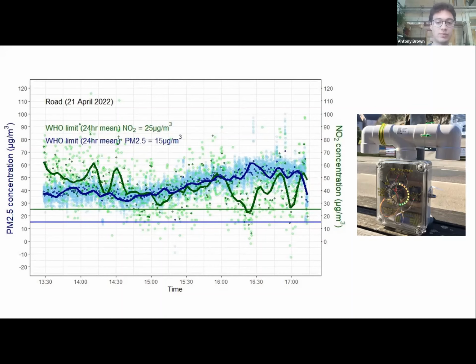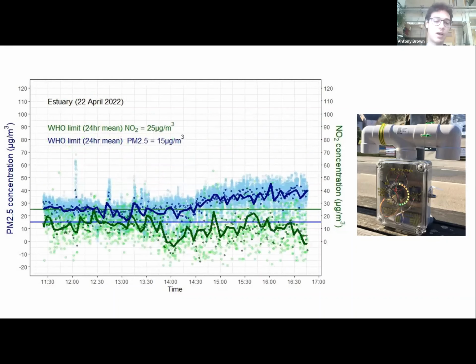So it showed that we were getting fluctuations in air pollution as you'd expect, and that these were higher than the World Health Organization limits. And then the next day we tested the same from the studio next to an estuary, away from the busy road. And this showed that the sensor was producing sensible data, with lower pollution levels on that side.